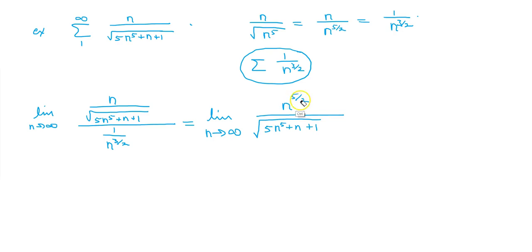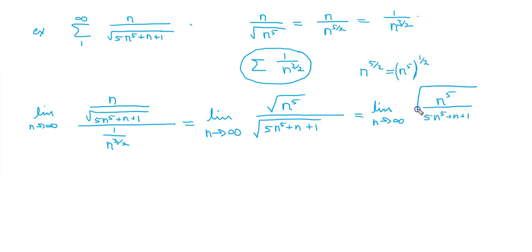We can actually write that like this. That's going to be the same as this, right? Notice n to the 5 halves is the same as n to the 5th raised to the 1/2 power. And I just write that so that we can write it like that.